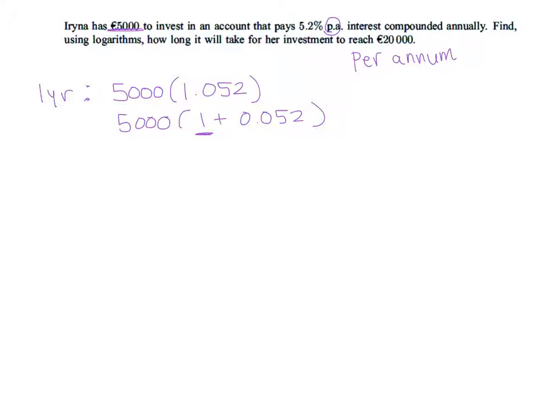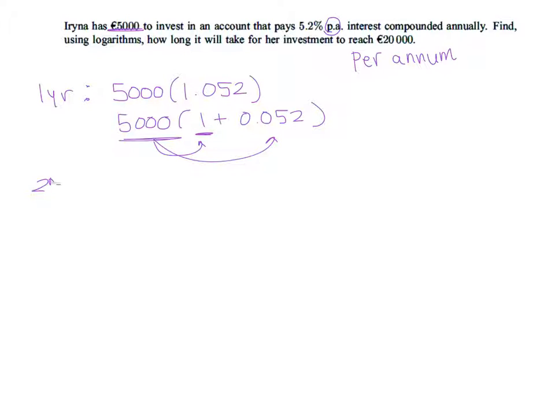The 1 represents the principal amount that she starts with, and the 0.052 is the interest. So when you combine them together, 1.052 calculates how much money in total, including the interest and the principal, Irina is going to have after the first year.